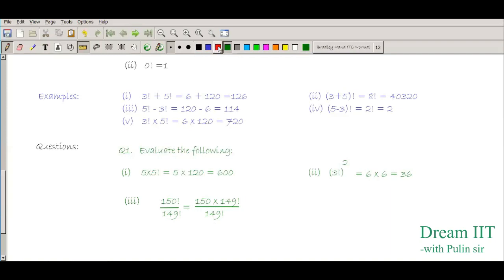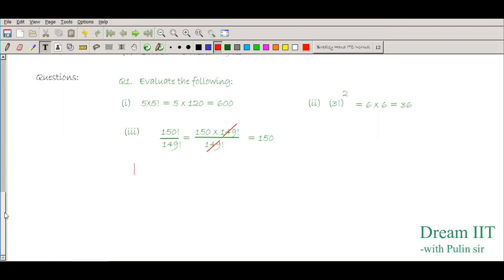So from here it is very clear that you can cancel this 149 factorial with this 149 factorial, and then you will lead your answer to 150, right? That's a great calculation. So your answer will be 150. If you have any doubt or queries to ask, please see this.